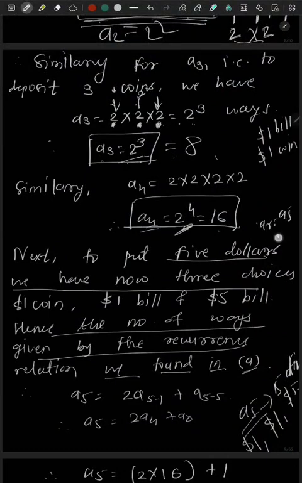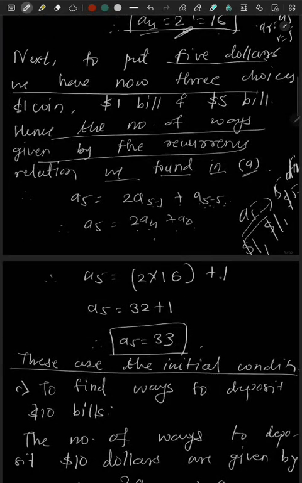We put this into the equation: 2AR-1 means 5-1, plus AR-5 means 5-5. It is 2A4 plus A0. We have found A0 is equal to 1 and we know A4 is equal to 16 from above. So A5 is equal to 2 into 16 plus 1, which is 33.